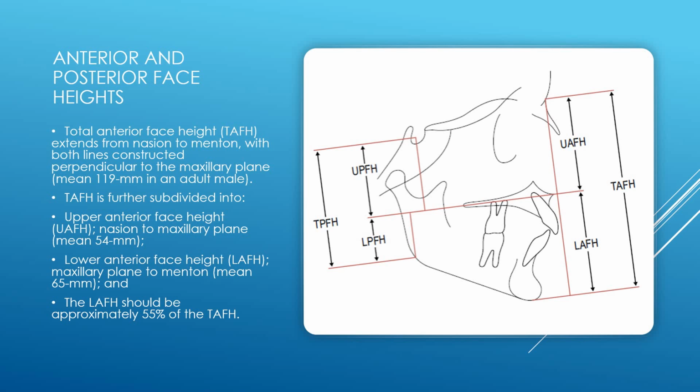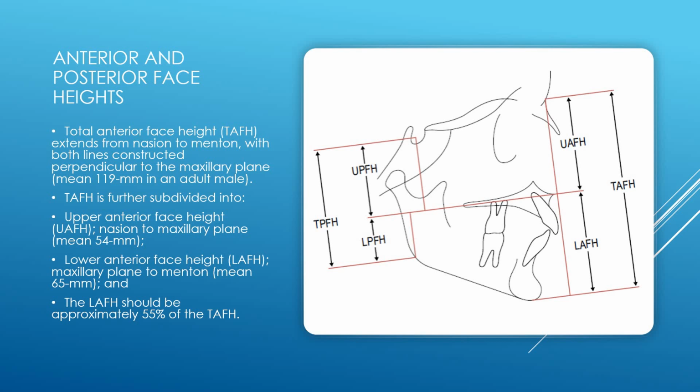Lower posterior face height, LPFH, extends from maxillary plane to gonion, and the mean value is 33 millimeters. The total posterior facial height should be approximately 65% of the total anterior facial height.